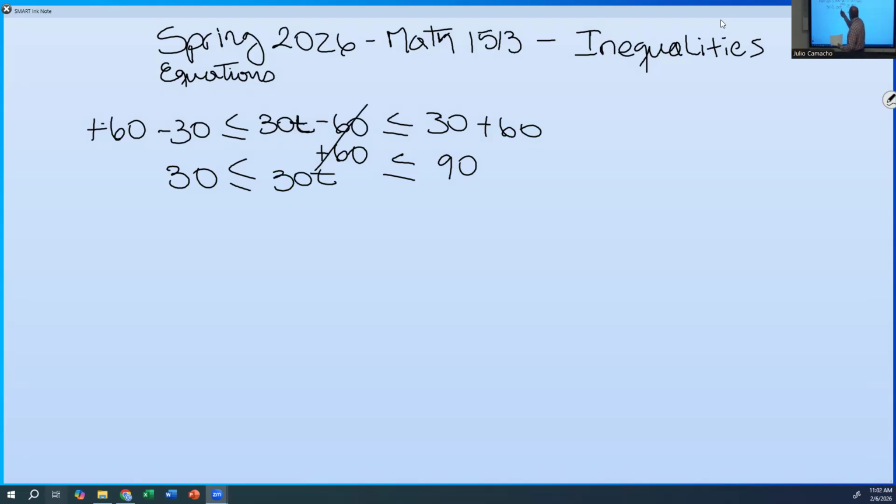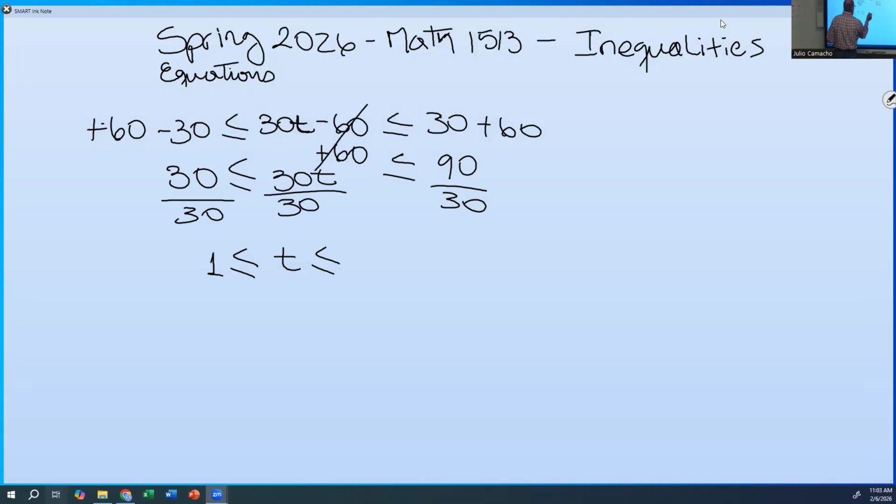So now, in the end, I have 30t only. How can I isolate my t? What do I need to do? Divide everything by 30, because remember, what we do to one side, we do to the other. You divide by 30, and you get here a 1, greater than or equal, and then here you get t only, and then you get a 3. And that is your answer.